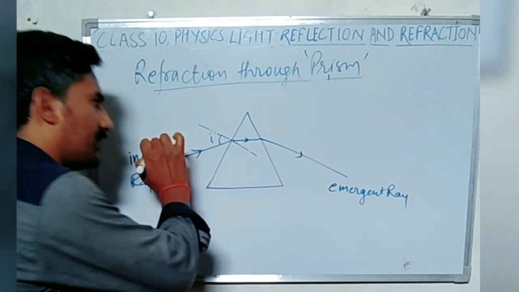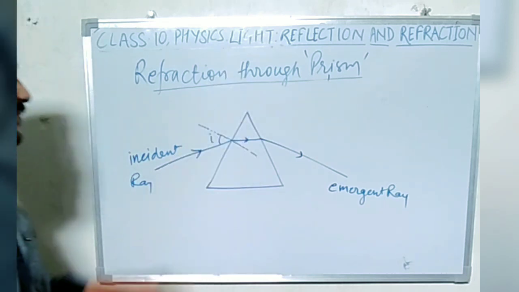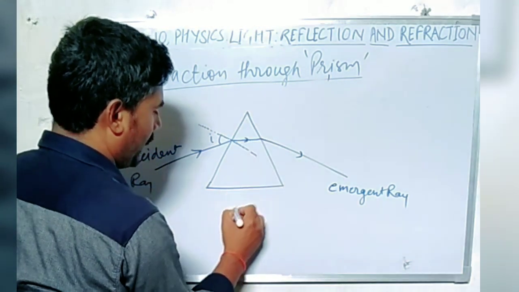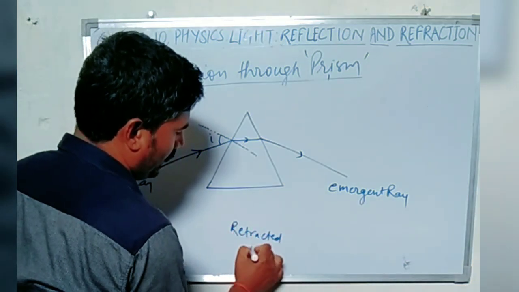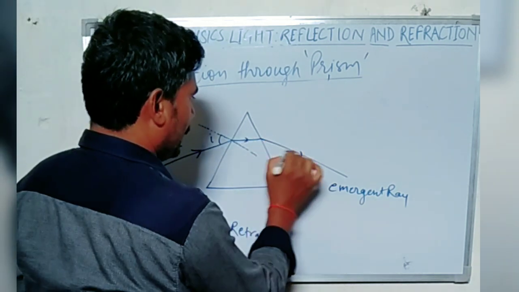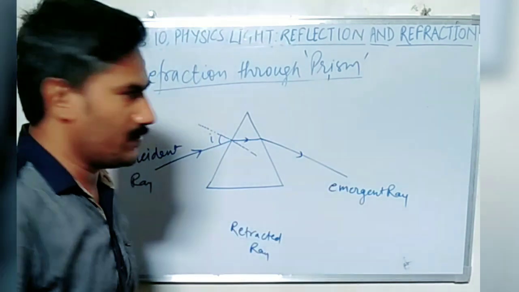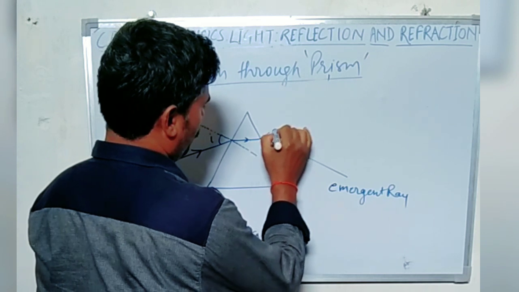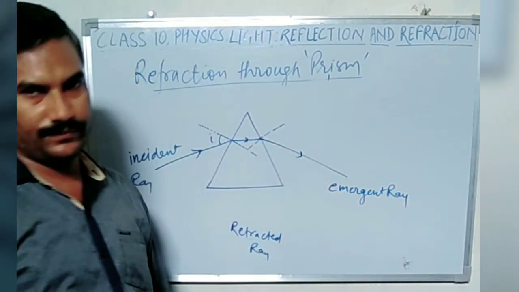We have incident ray. Then when it is refracted after striking the surface of the triangular prism, this is known as refracted ray. I will write separately, refracted ray. And when it is coming out of the glass of the prism, it always deviates away from the normal.